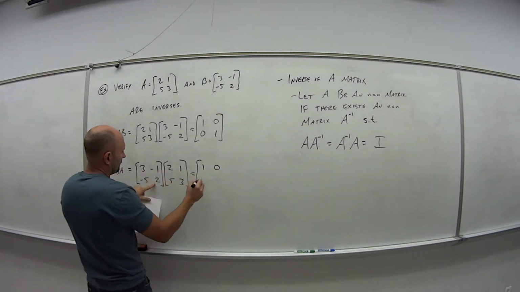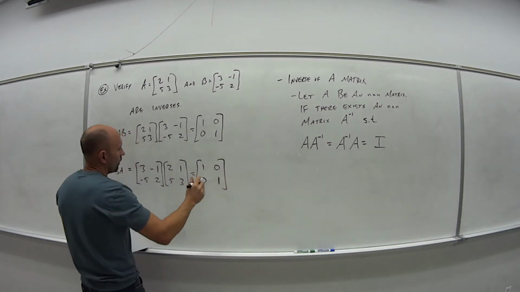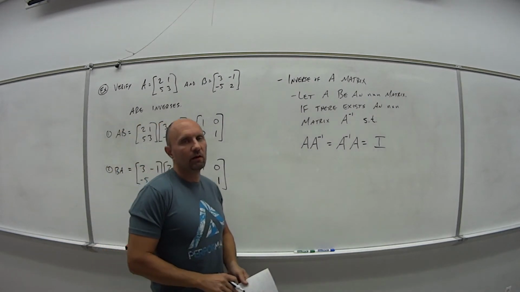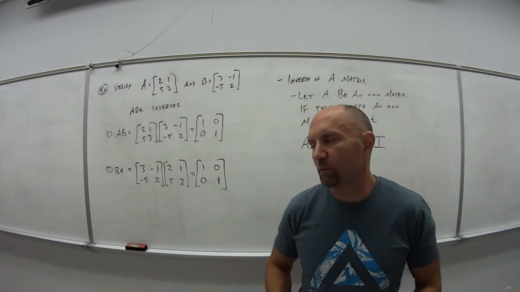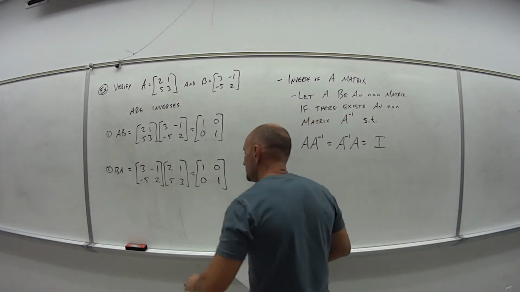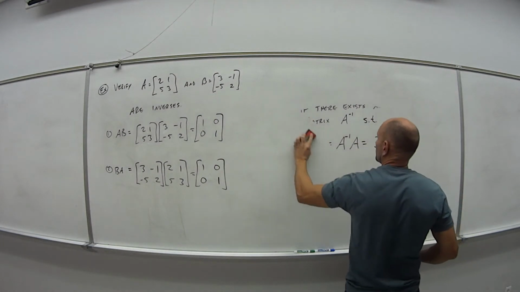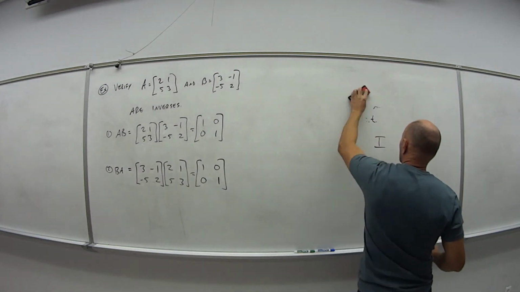Negative 10 plus 10, 0. Negative 5 plus 6, 1. Also the identity matrix. So the order, when they're inverses, doesn't matter. It's still going to generate an identity matrix, in this case a 2 by 2 identity matrix, because that was the size of the matrices that I started with.